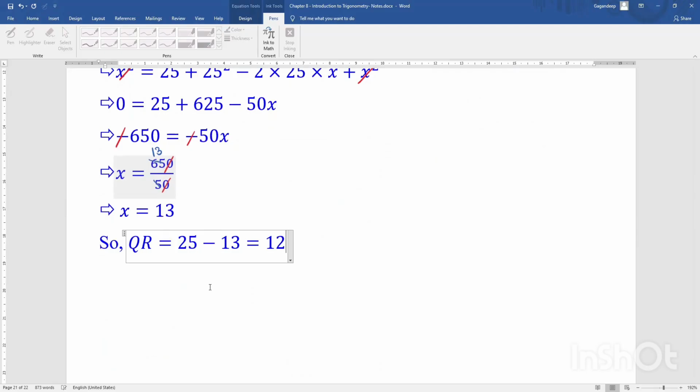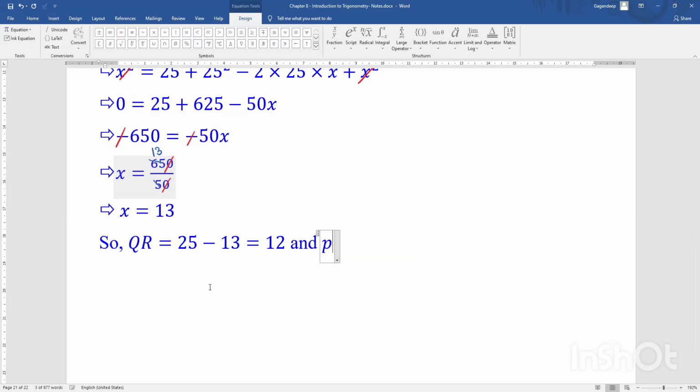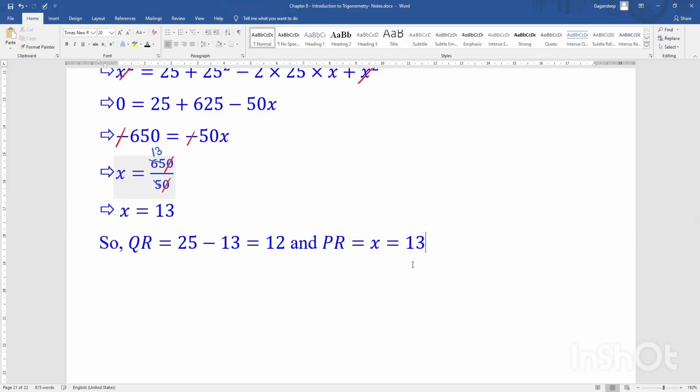And PR equals x, which is nothing but 13.